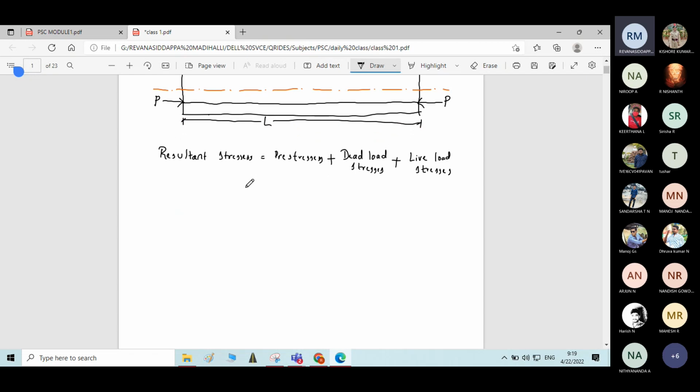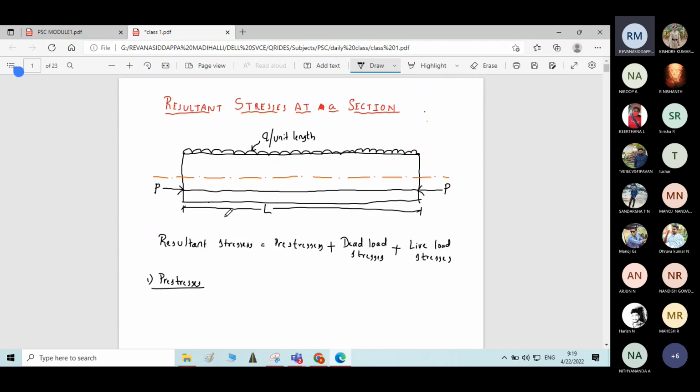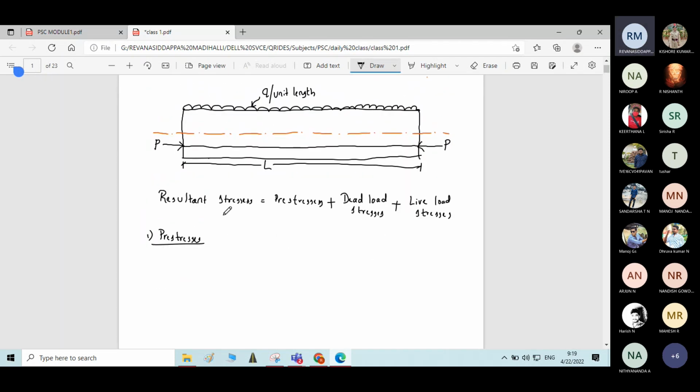Now what we will do, we will find each and every stress individually, then we will add all the stresses to get the resultant stress. First we will find pre-stresses. We'll find the expression for the pre-stresses, that is stress due to pre-stressing force.